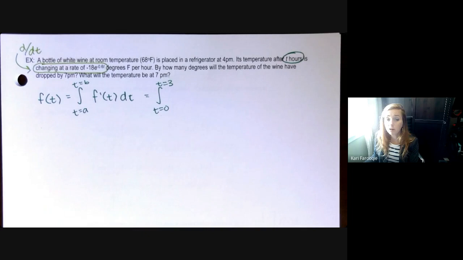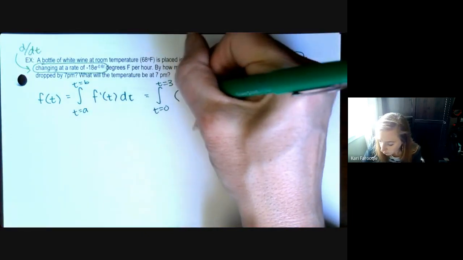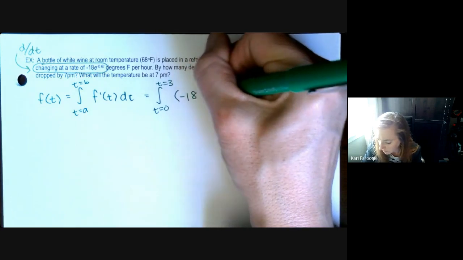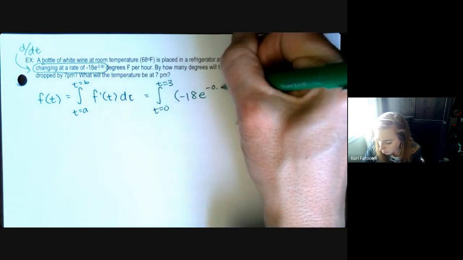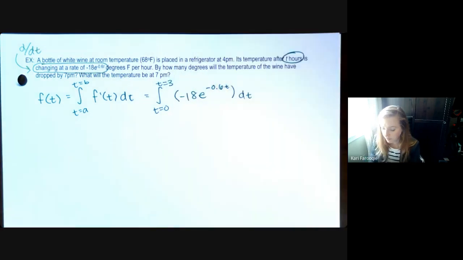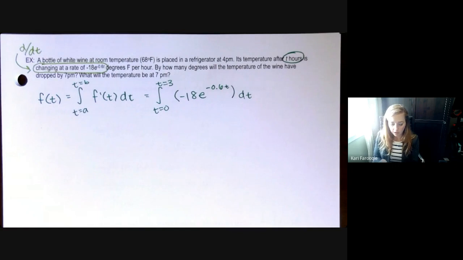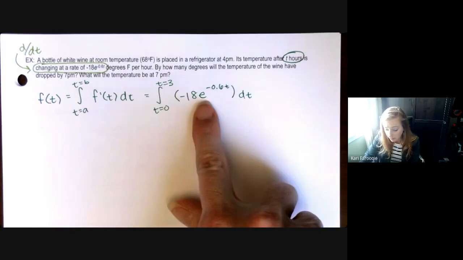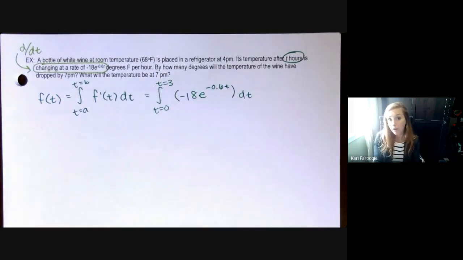Now I can just go ahead and put that derivative function into the integral. So it's negative 18 e to the negative 0.6 t dt. Now, this is a u substitution problem because you don't just have e to the t, you have e to the f of t.